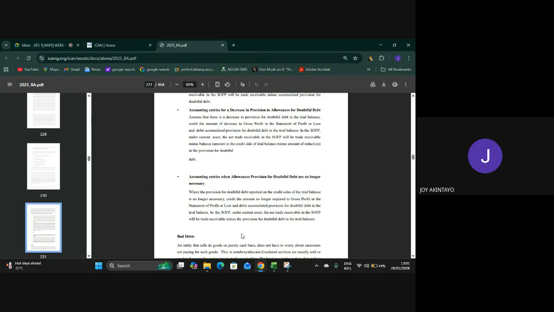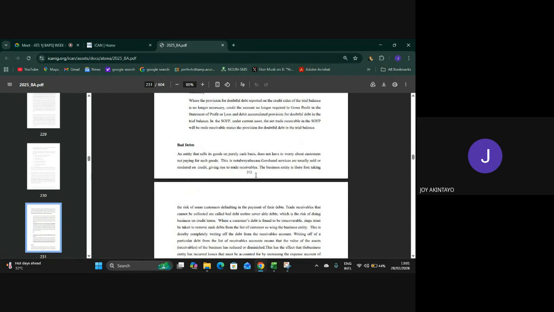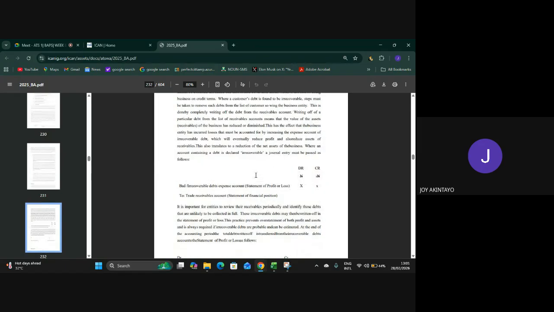So now let's look at bad debts. They are irrecoverable debts from customers. So how do we account for this? We debit our statement of profit or loss with bad debts. Then we credit our trade receivables account.